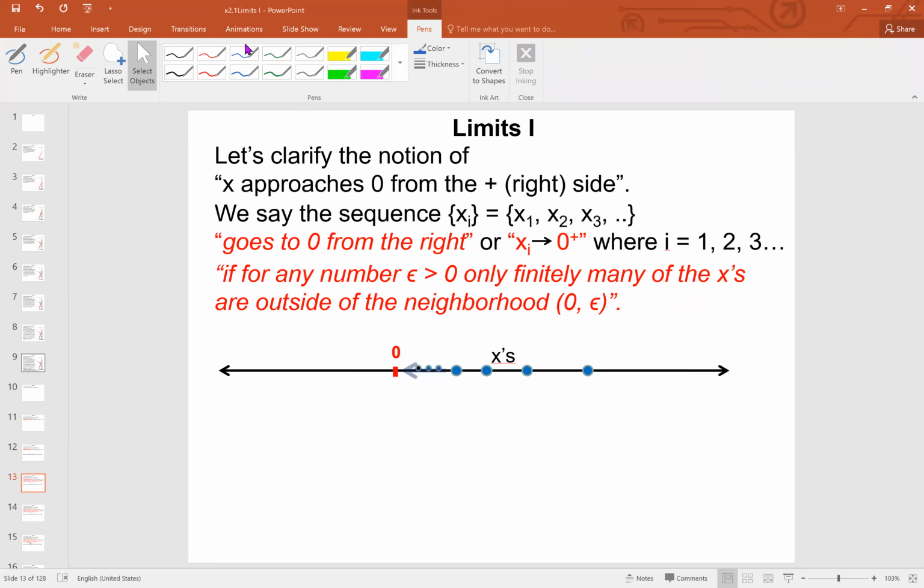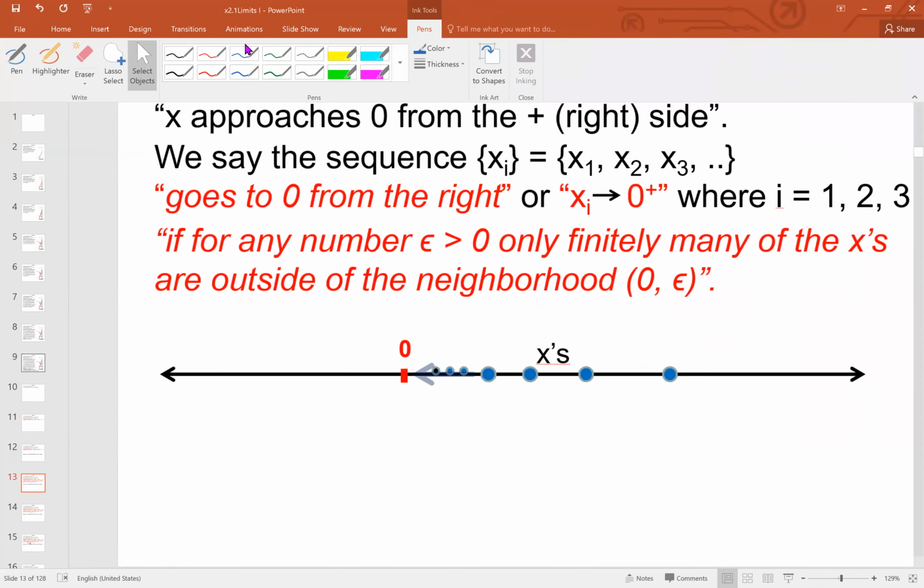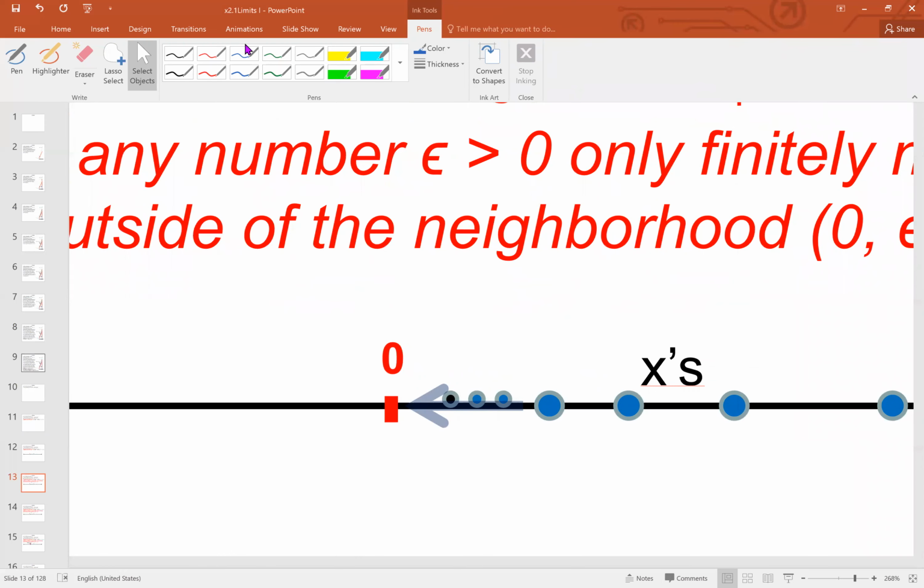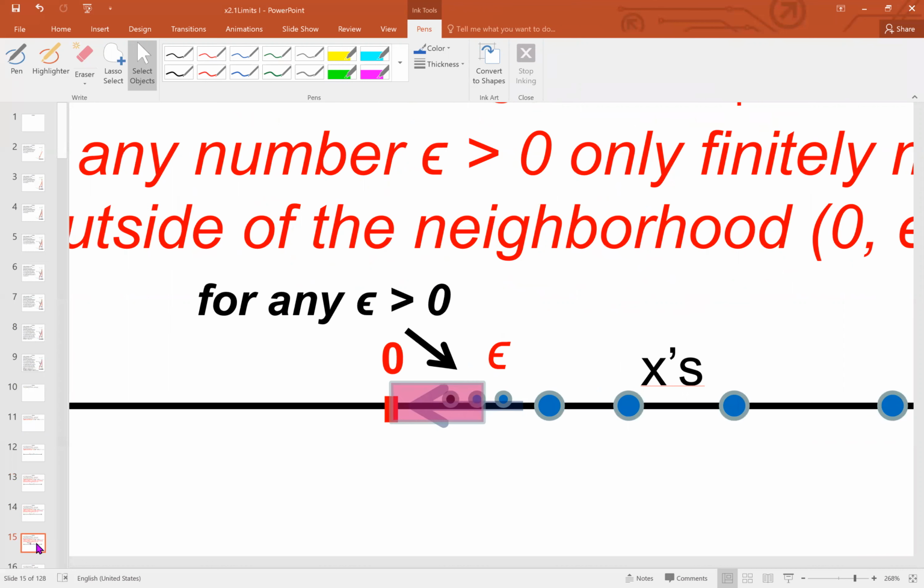To make it more precise, what we mean is this. Take any positive number I can think of, look under the microscope, blow this up very close, and put down a little neighborhood of size epsilon.